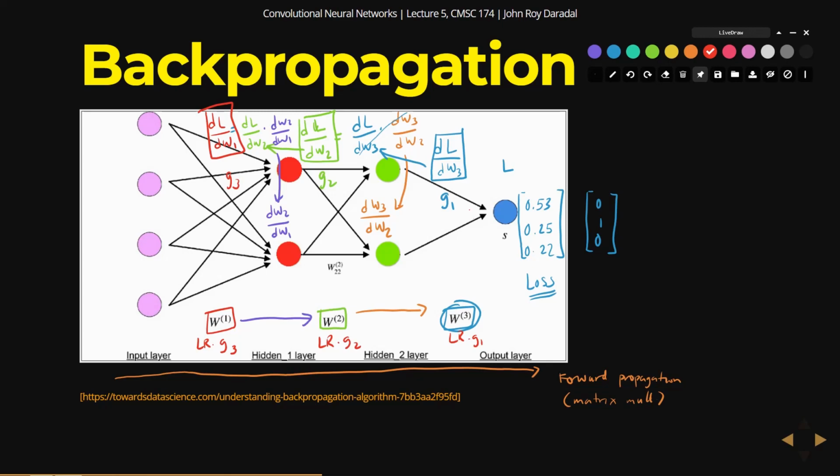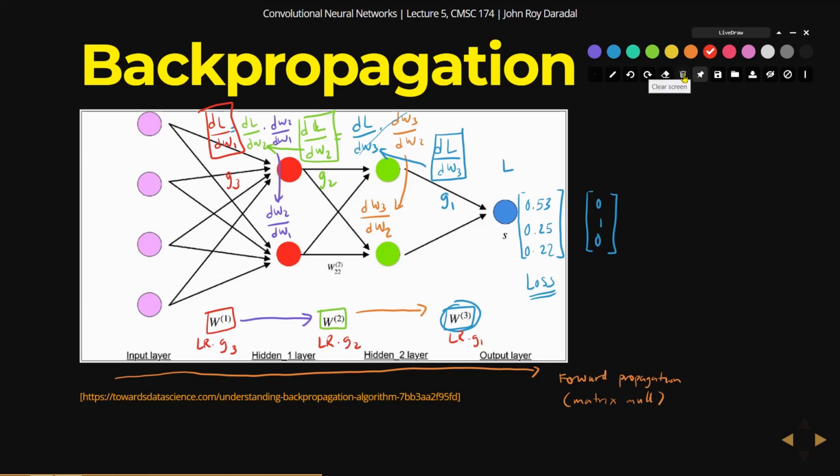Okay, so we compute those gradients and then pair them up with the learning rate to update the weights. So that is how backpropagation works. We can compute the individual gradients of each weight in different layers by passing the error backwards and using the chain rule to use the previous information together with the local gradient to compute the gradient for that layer. Okay, so that's it for backpropagation.